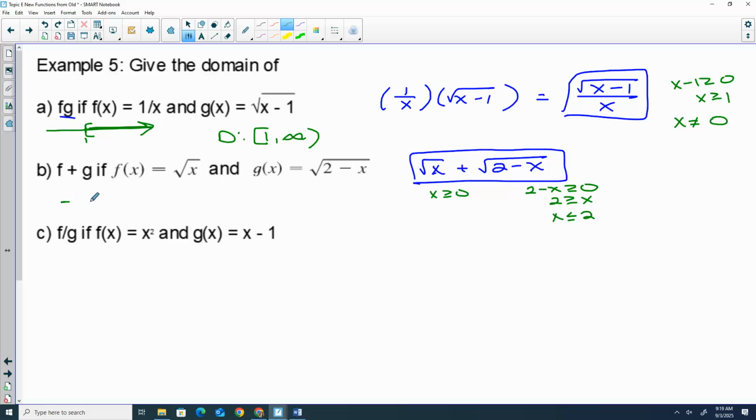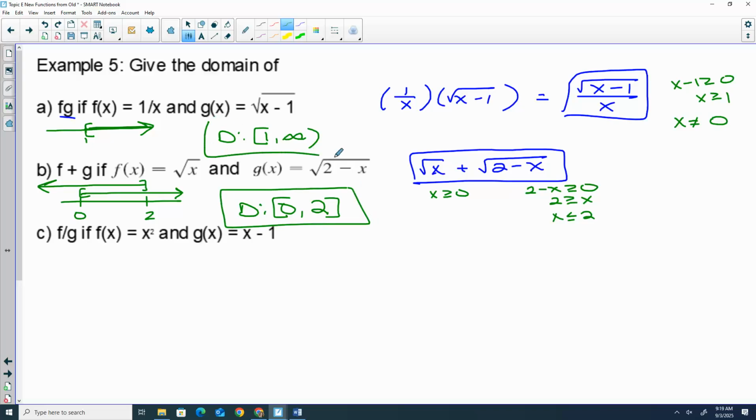Think about this on a number line. Greater than or equal to 0 is everything bigger than 0. Less than or equal to 2 is everything smaller than 2. What's the overlap? What got shaded by both of those? 0 to 2. So only the numbers between 0 and 2 can be plugged into both radicals. So that is our domain.